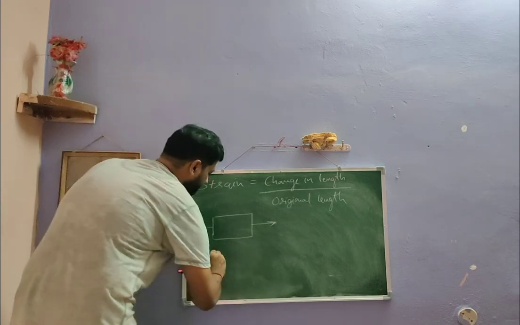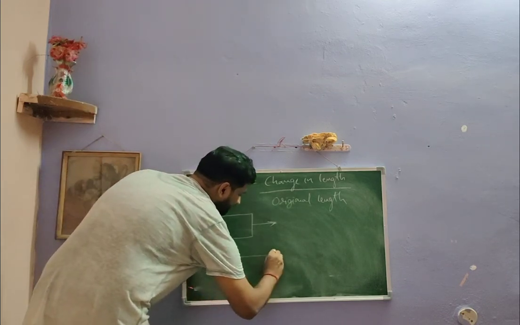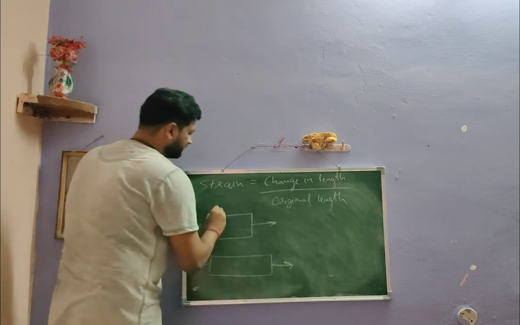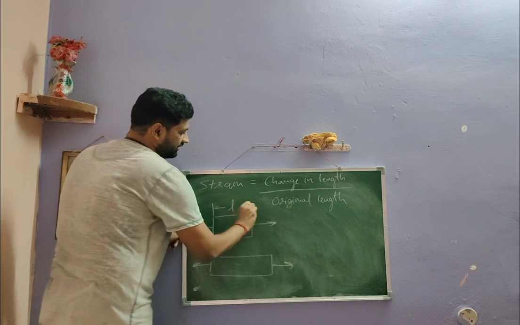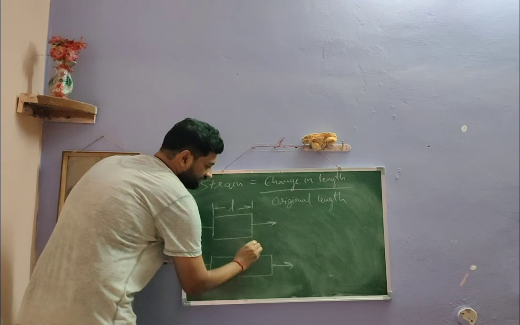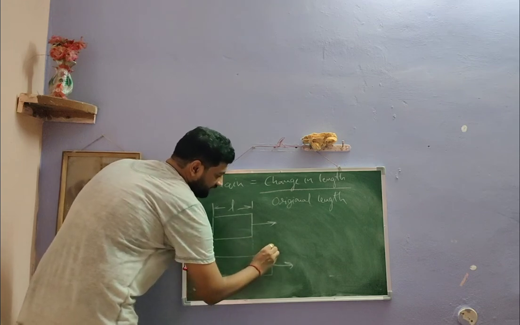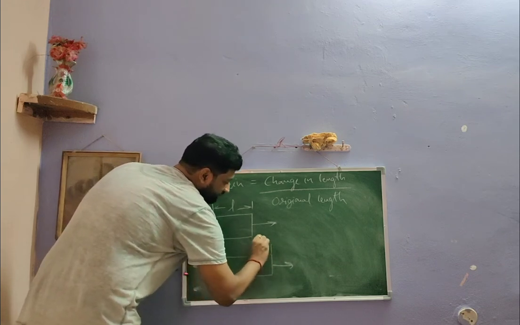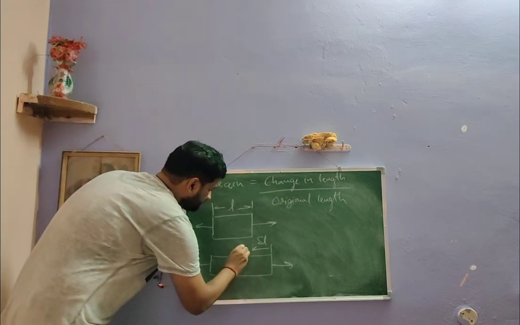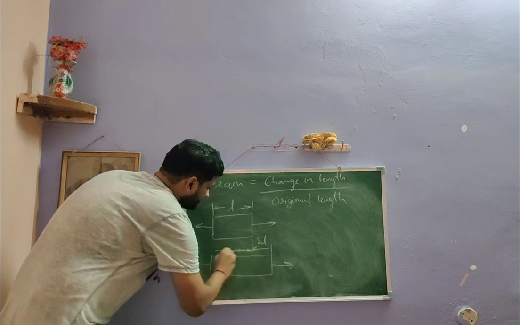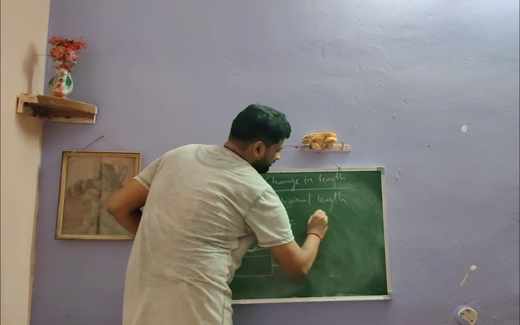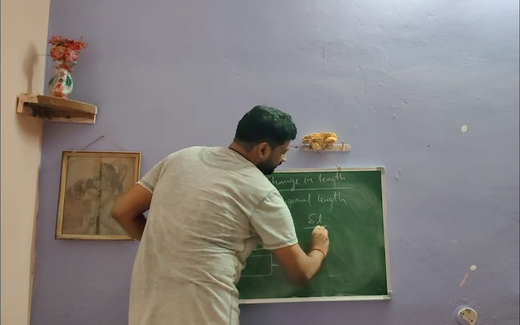As a result of tensile force, this deforms into this. Suppose its original length is L, and due to this tensile force the length increases and the change in length is represented by del L. So you can write change in length del L by L.